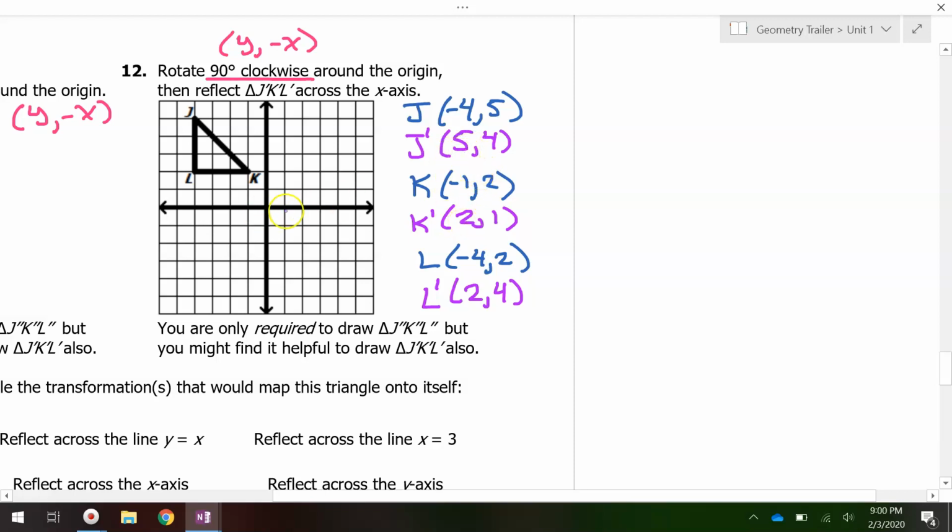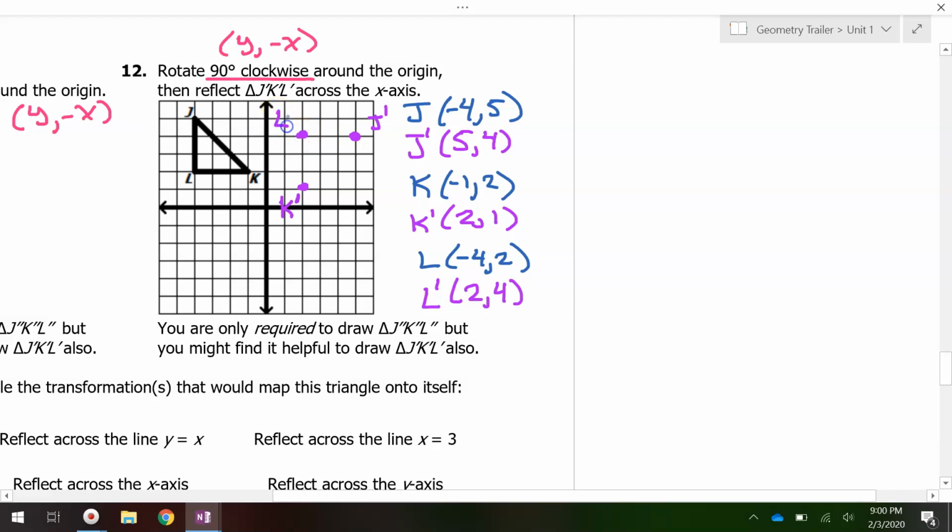So 5, 4 is going to be right here. So that's going to be my J prime. 2, 1 is going to be right here. So that's going to be my K prime. And 2, 4 is going to be right here.